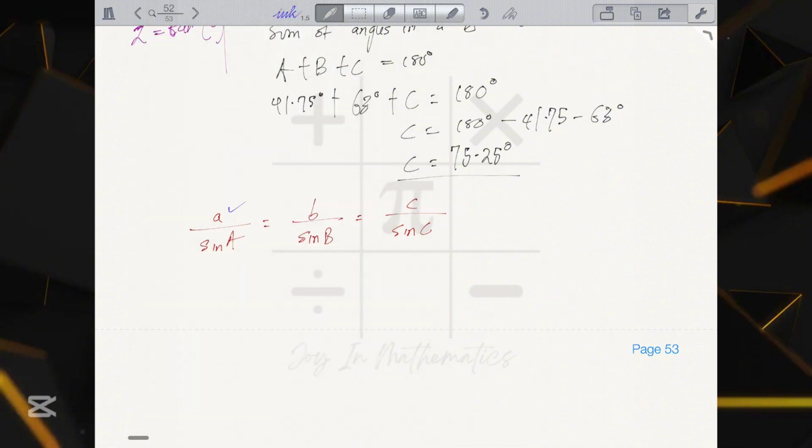We have length A, we have angle A, we have length B, we have angle B, we have angle C, but we are looking for length C. So we can choose to use it with A, and likewise we can choose to use it with B. But let's use it with B. So we are using B divided by sine B is equal to C divided by sine C.